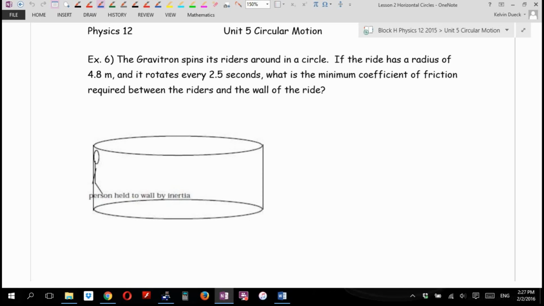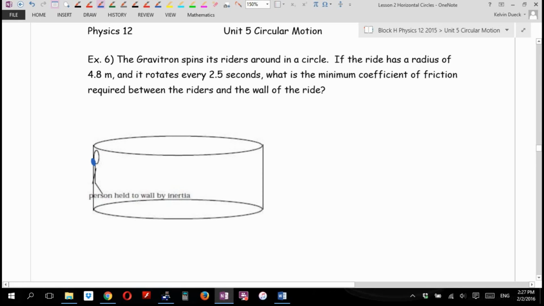Any suggestions on how I might do this? You know what this is a job for? Free body diagram. Although, since they gave me that lovely picture, I'll label the forces on this person right there. What are the forces acting on this person?